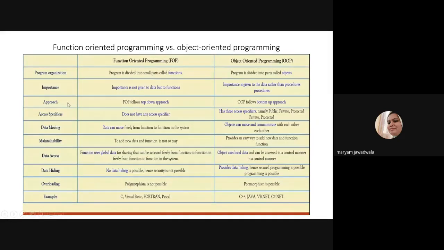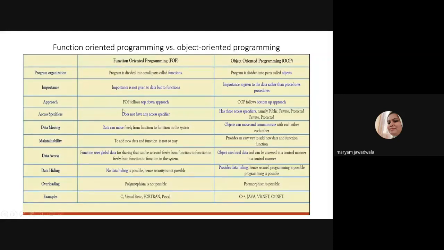Next one, the approach wise difference. Function oriented programming follows the top down approach, while object oriented programming follows the bottom up approach. Next one, access specifier. Function oriented programming does not support any access specifier. We use access specifiers for security purposes.